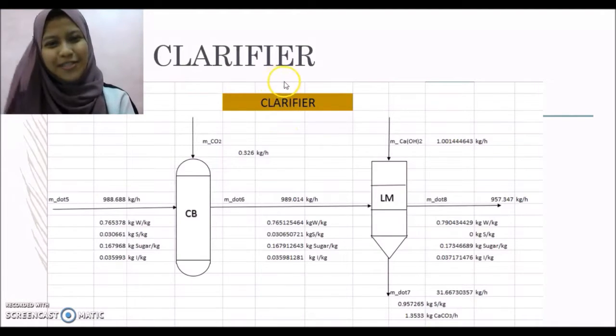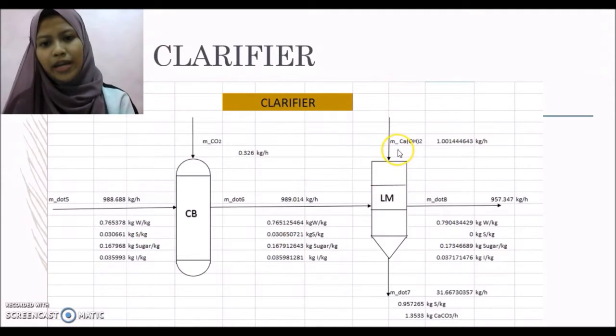For the clarifier process, which includes the carbonation and liming process, the input for carbonation is the output from the heater, and we add 0.326 kg per hour of carbon dioxide. The product is stream 6, with a total flow rate of 989.014 kg per hour, and the composition is water, solid, sugar, and impurities.